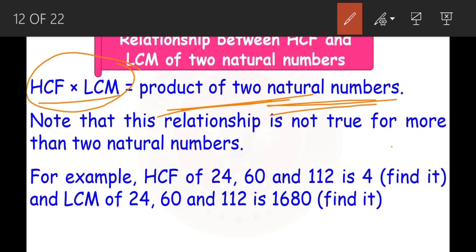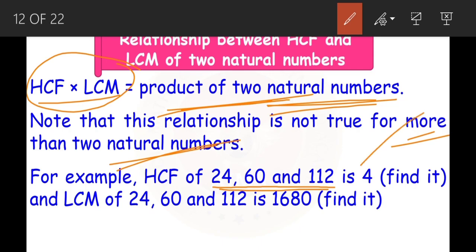If they give more than two natural numbers, this relationship will not work out. Suppose let's see one example with three numbers. So here 24, 60, 112. We have three numbers.